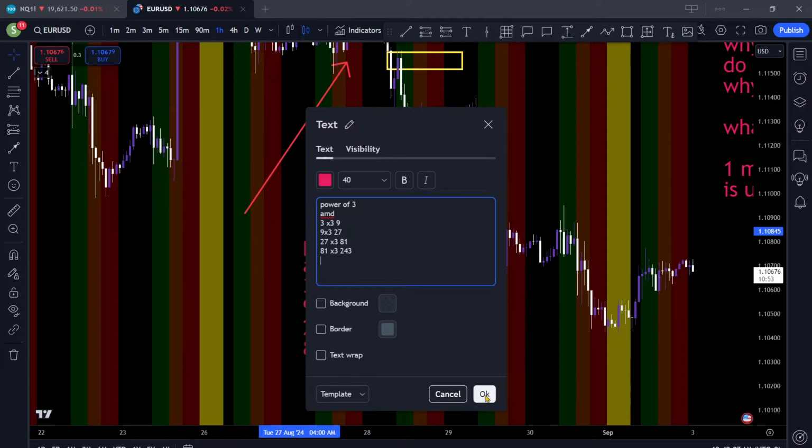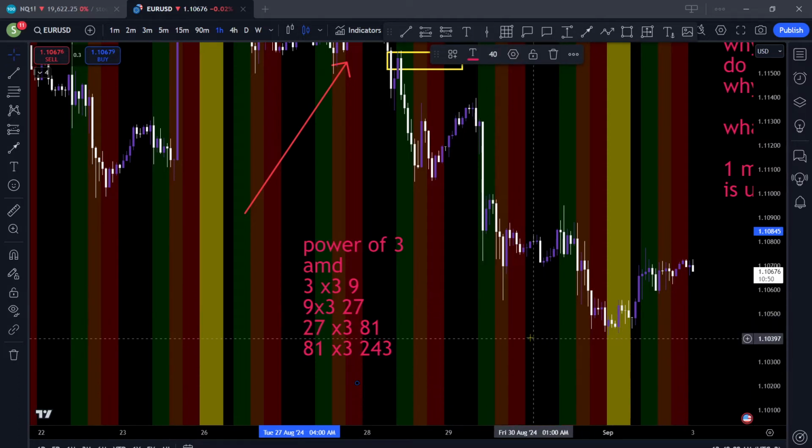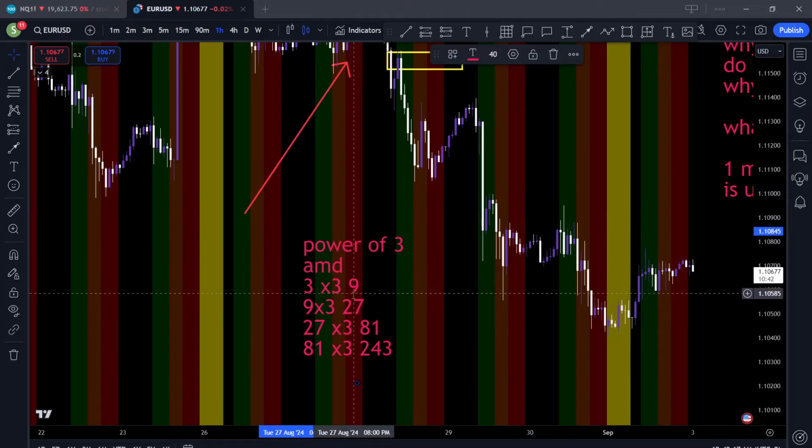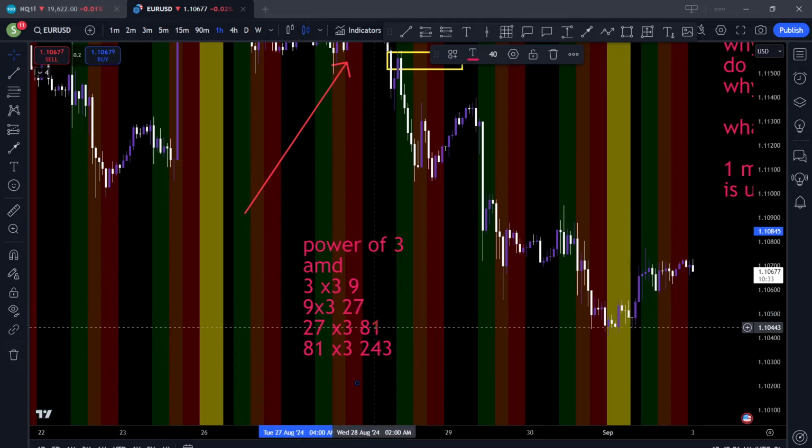Now, really quick, what the algorithm does to generate up swings, down swings, it's using this math to calculate your dealing ranges. Now watch.